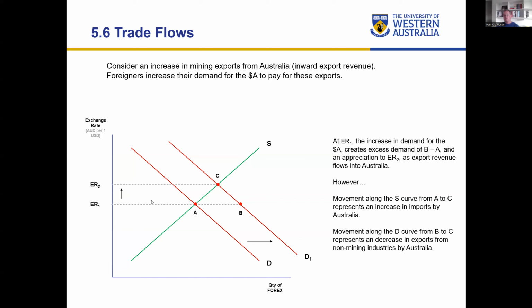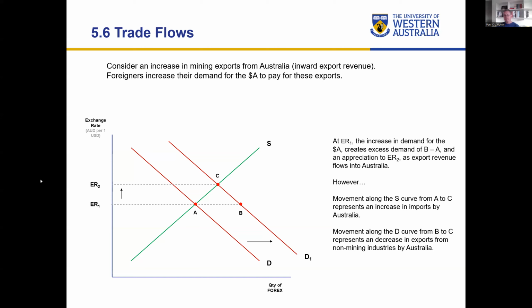The reason is because when the exchange rate goes up, for foreigners, tourism to Australia is more expensive. University degrees are more expensive. Everything that we export from Australia becomes more expensive now that the exchange rate has gone up.